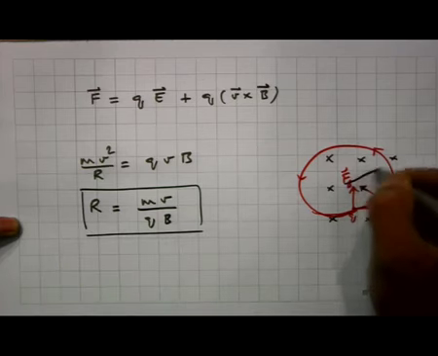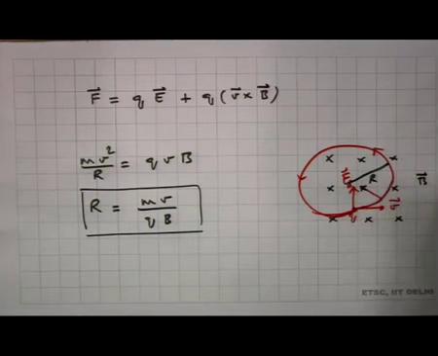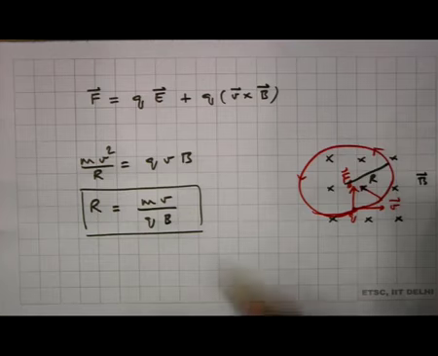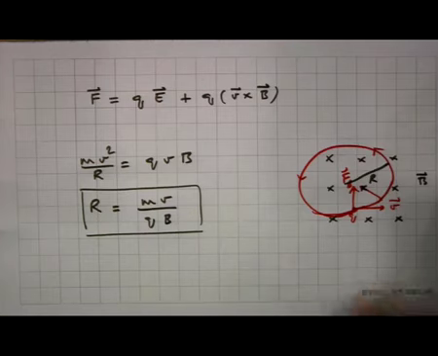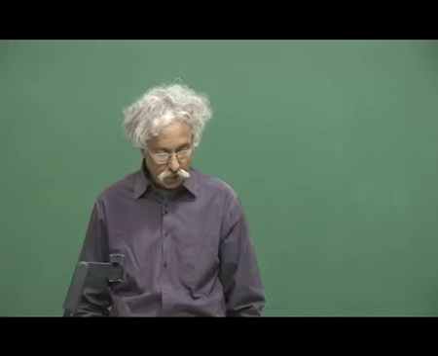So that's the radius of this circular orbit. The particle will keep circulating along a circle. You can similarly do the same problem assuming that the charge is negative with the same direction of magnetic field, and find out what is the direction of motion of the charged particle.